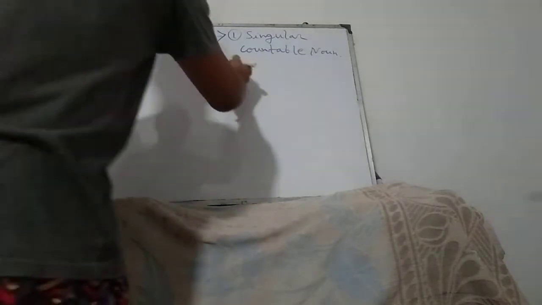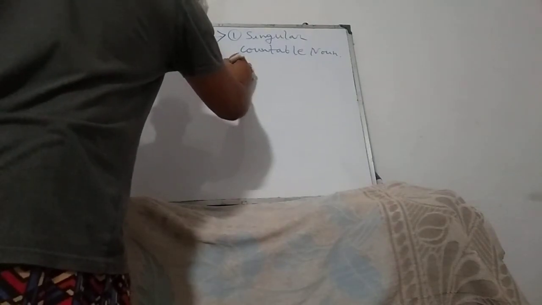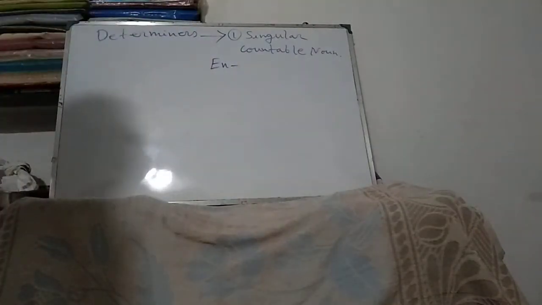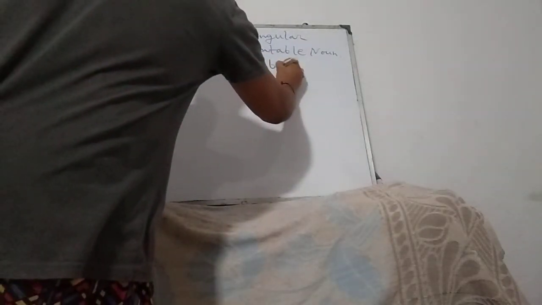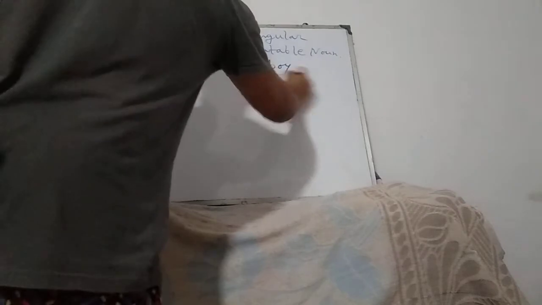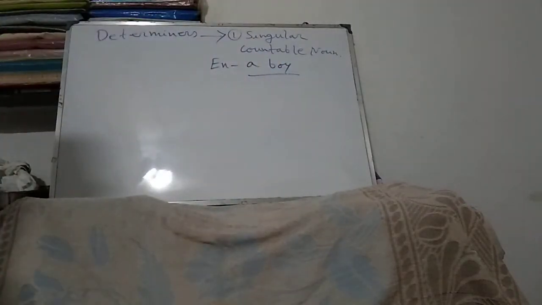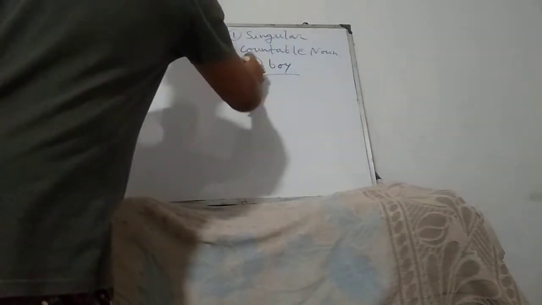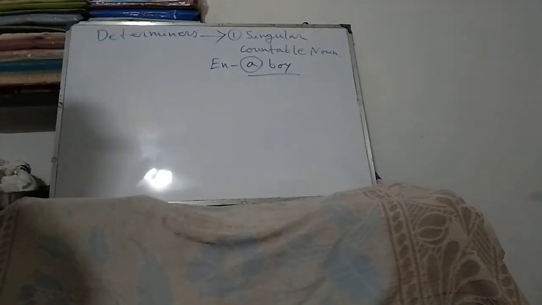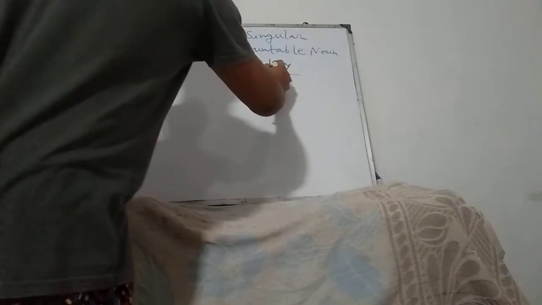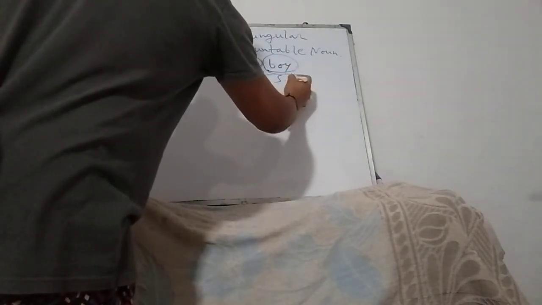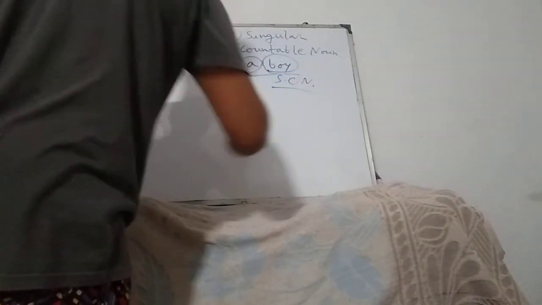For example, a boy. Here a, it is determiner and it is used before the singular countable noun boy.